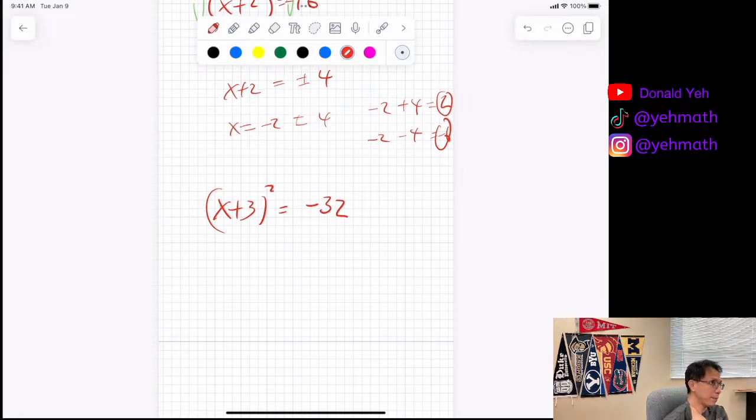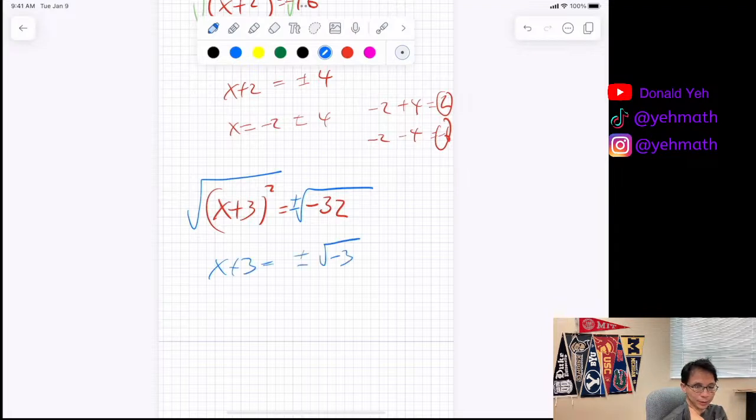All right, same thing. Square root both sides, right? Did you guys do that? And did you do plus minus? Okay, so it'll be x plus 3. Now the square root of negative 32. Negative 32 always break down to the square root of negative 1 times the square root of 32. Did you do that? And this becomes what? i.